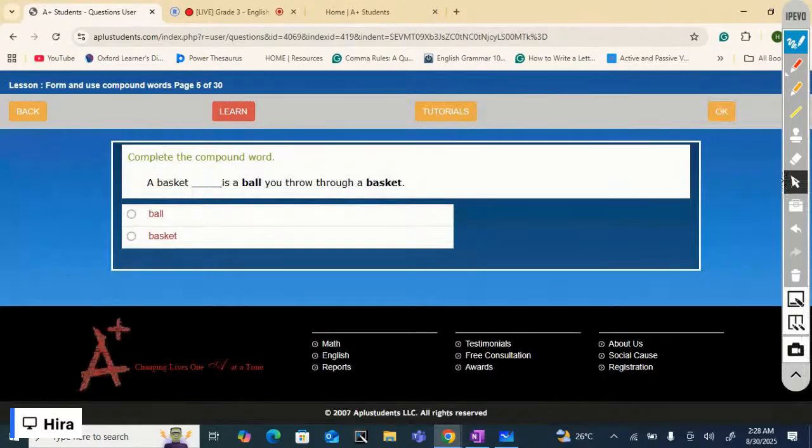A basket blank is a ball you throw through a basket. Which option is correct? Ball or basket?